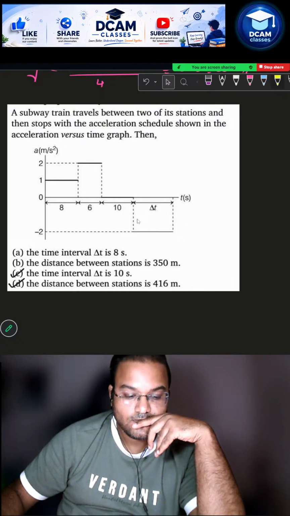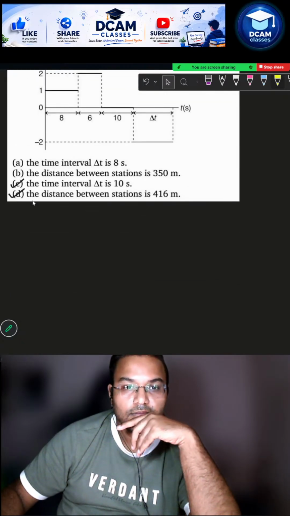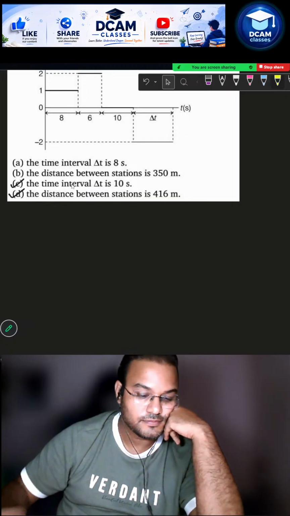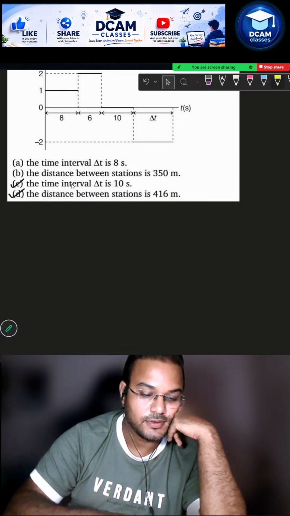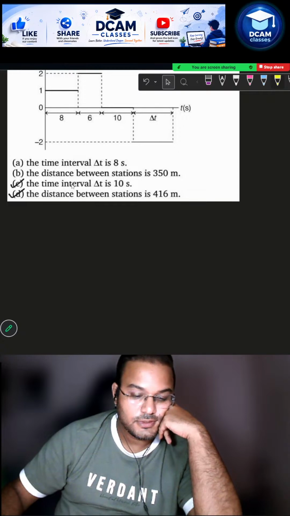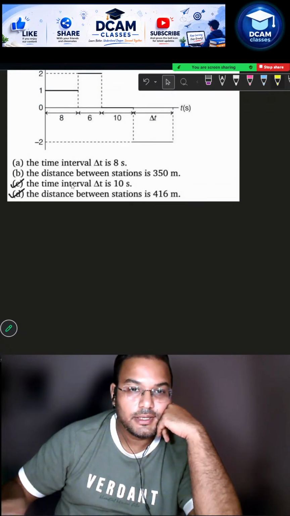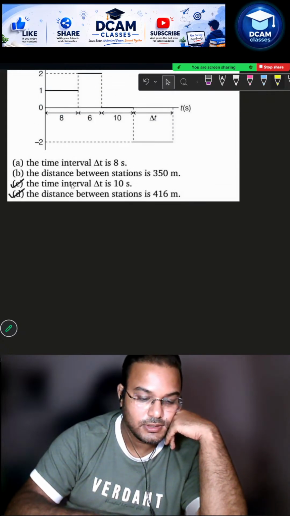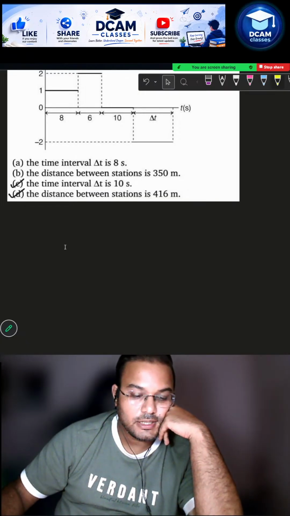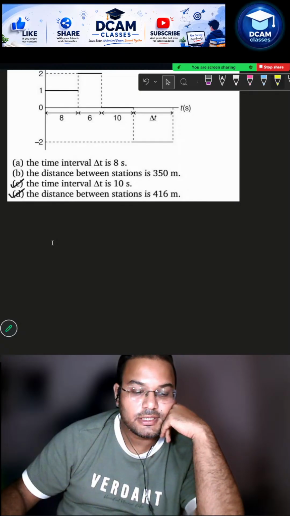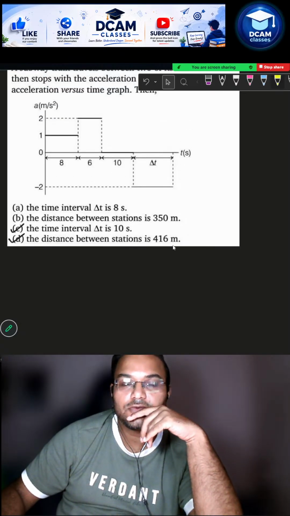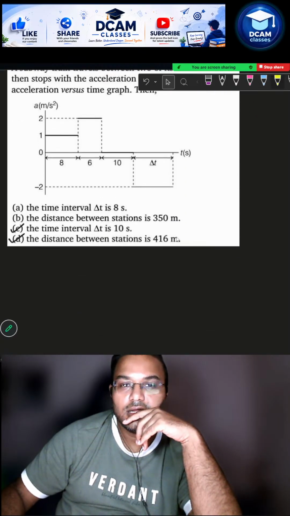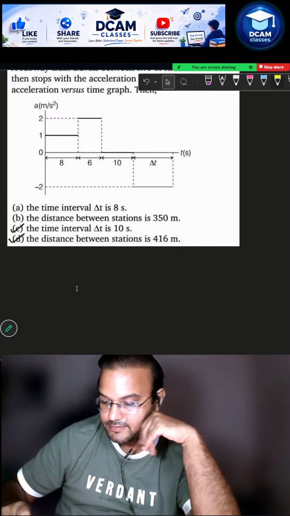So v squared minus u squared. Very good. And the distance between the stations? You have applied s equals ut plus half at square for everyone. Correct. Very good.